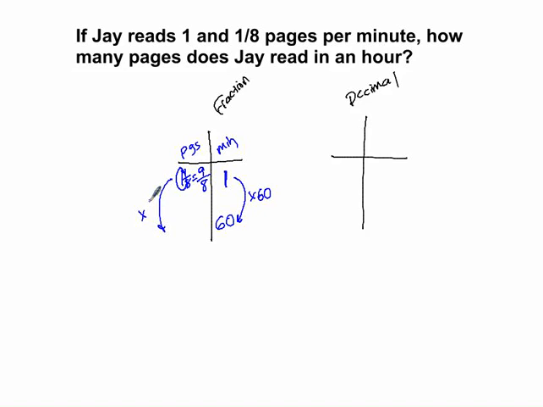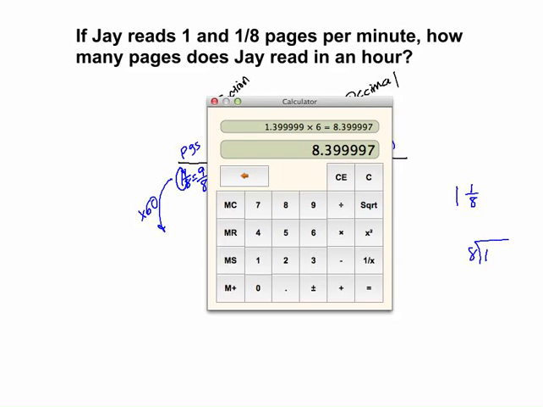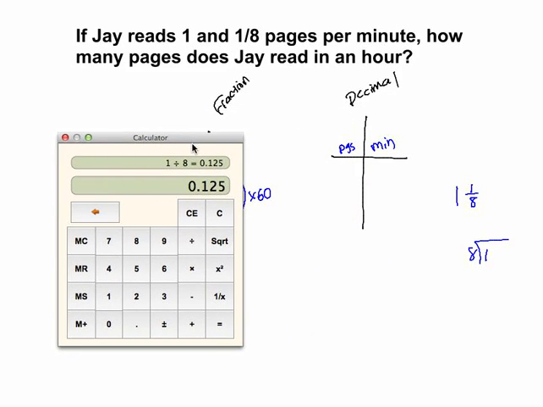So 9/8 times 60. If you were solving it over here with decimals, once again, we'd have pages, minutes. But instead of 9/8, we would represent that 1 1/8 as a decimal. So you'd figure out, okay, well, we know the 1 stays 1 whole. 1/8, what would that be as a decimal? So you'd have to do 1 divided by 8, and it's 1.125.